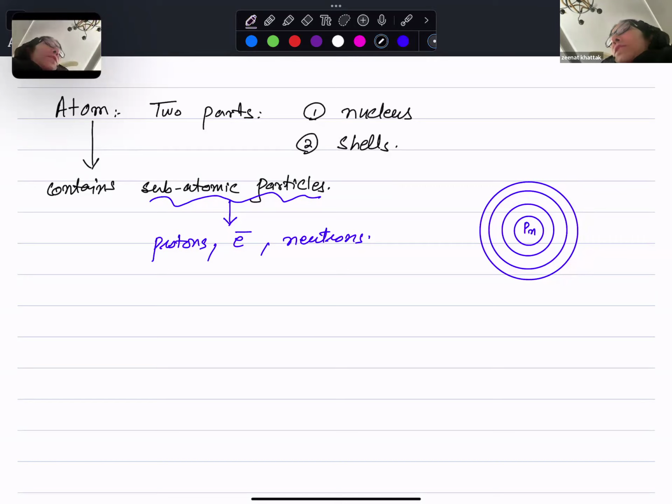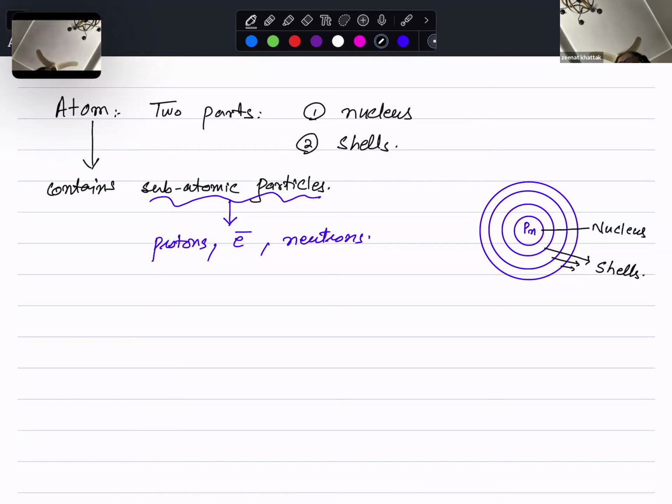These are shells. This is the nucleus. And these are shells that I'm going to explain in detail.